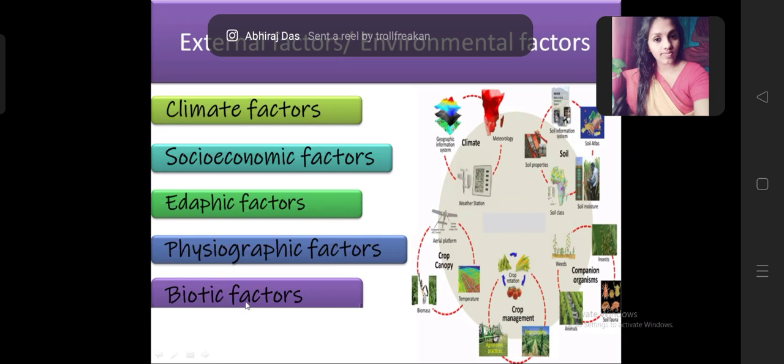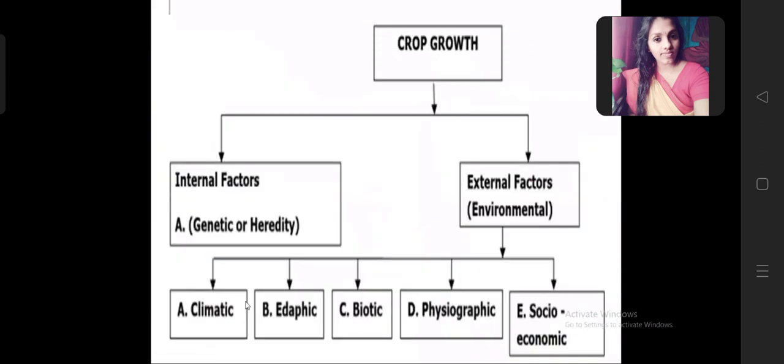So what we have discussed now is that crop growth is influenced by internal factors and external factors. External means environmental factors; internal means genetic or hereditary factors.